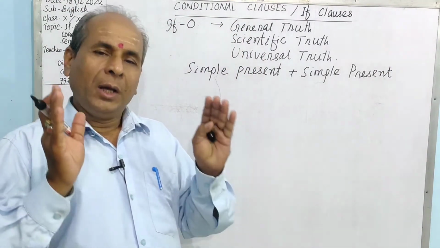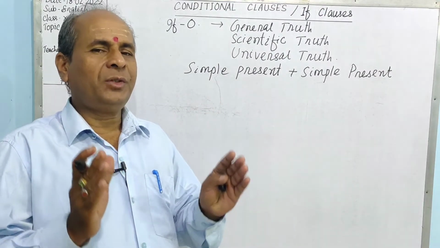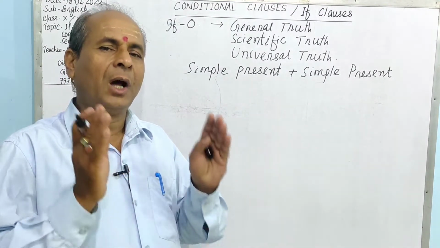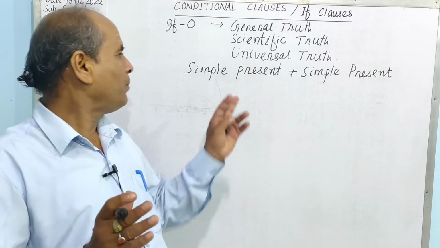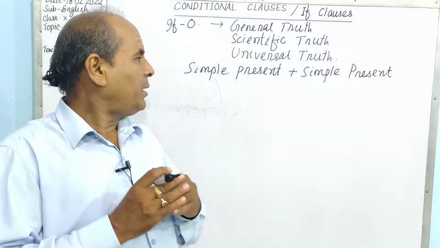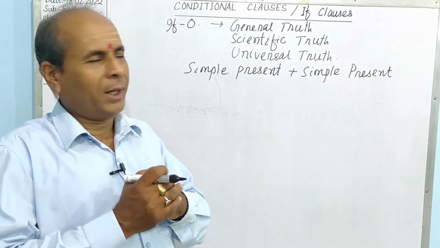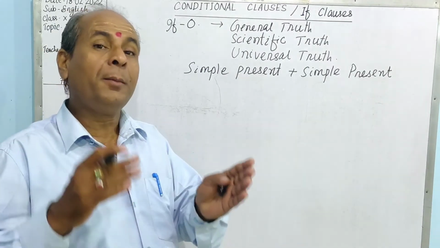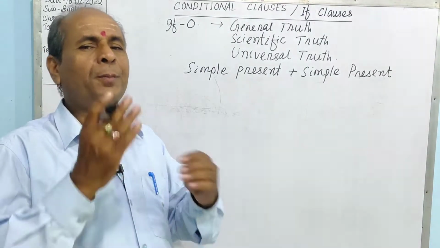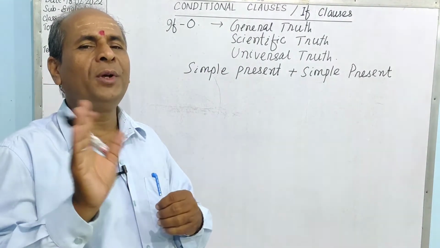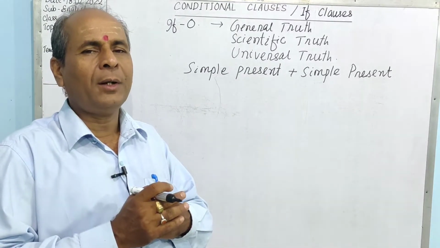Means in the adverb clause, in the if clause, simple present tense should be there. And in the main part also, simple present will be there. No will, shall, may, can will be used.